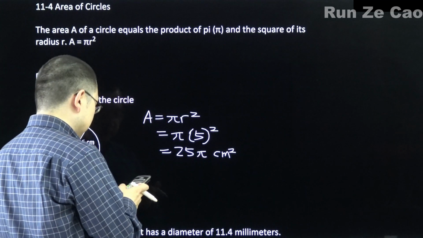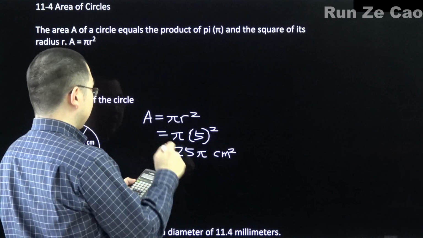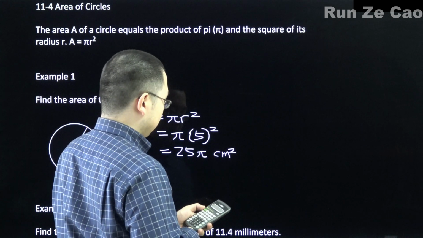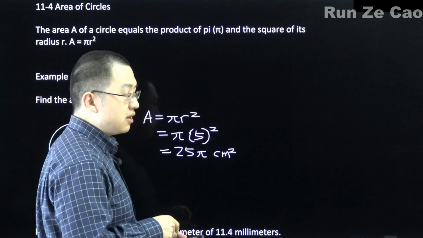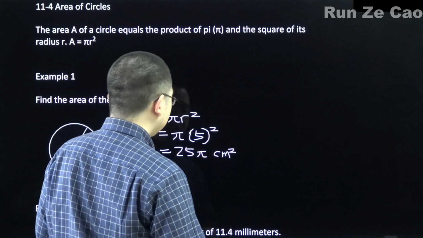Conventions vary on how many digits to use by default. I'm going to just use the pi button on the calculator instead of going 3.14, which is the most common approximation that you use at school if you're not using a calculator.